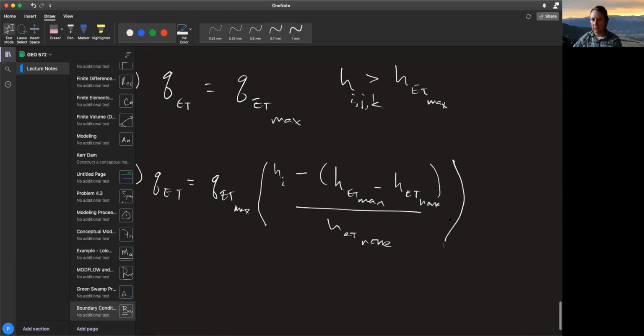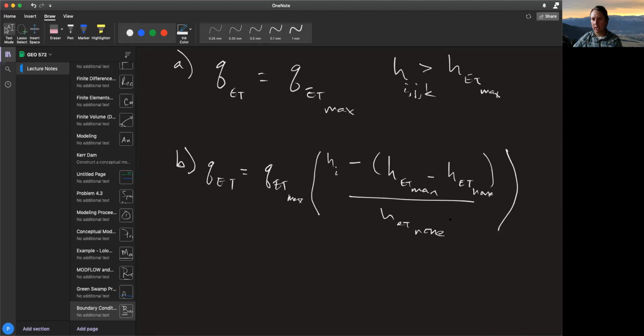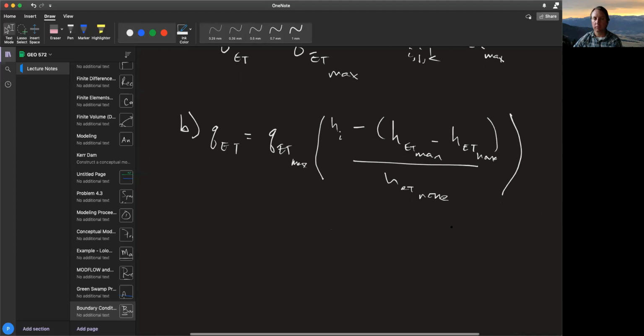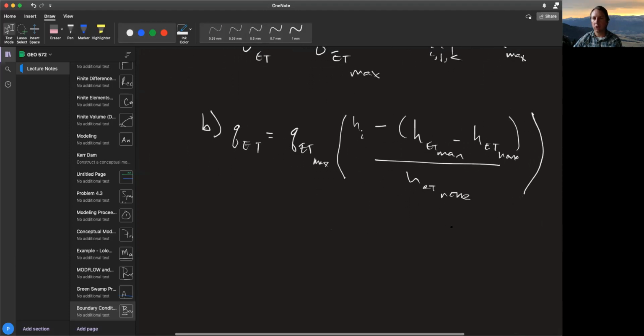As an example, when the head goes to HET none, this product gets smaller and smaller.